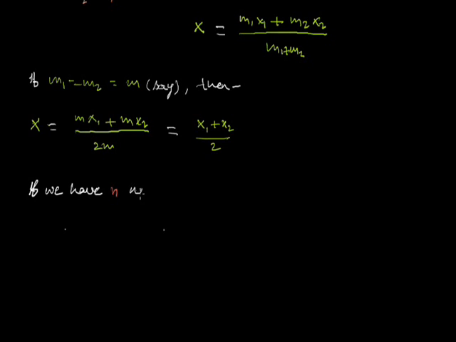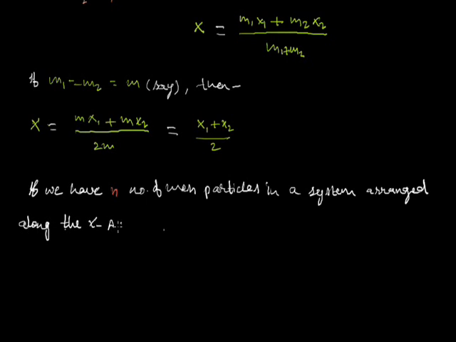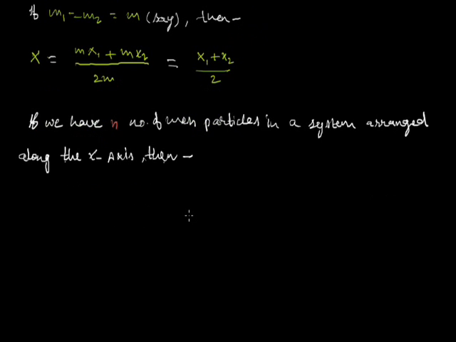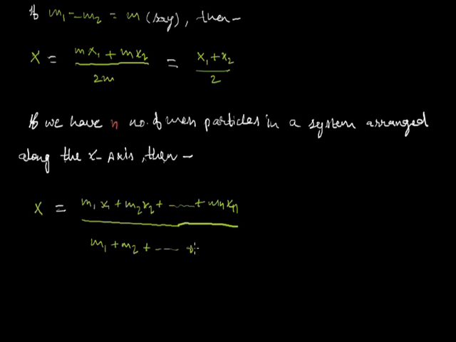If we have n mass particles in a system arranged along the x-axis, then the position of the center of mass x will be given as m1 x1 plus m2 x2 up to the nth term mn xn, divided by m1 plus m2 up to the nth term, which can be rewritten as sigma mi xi divided by sigma mi.